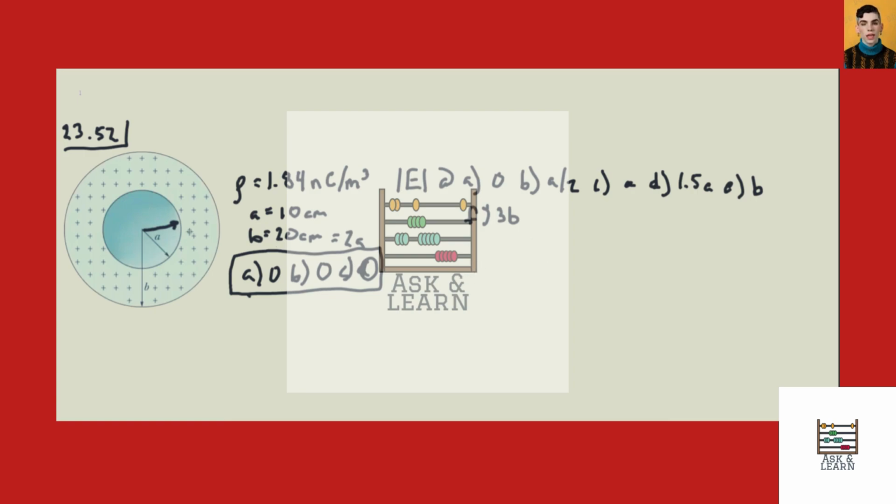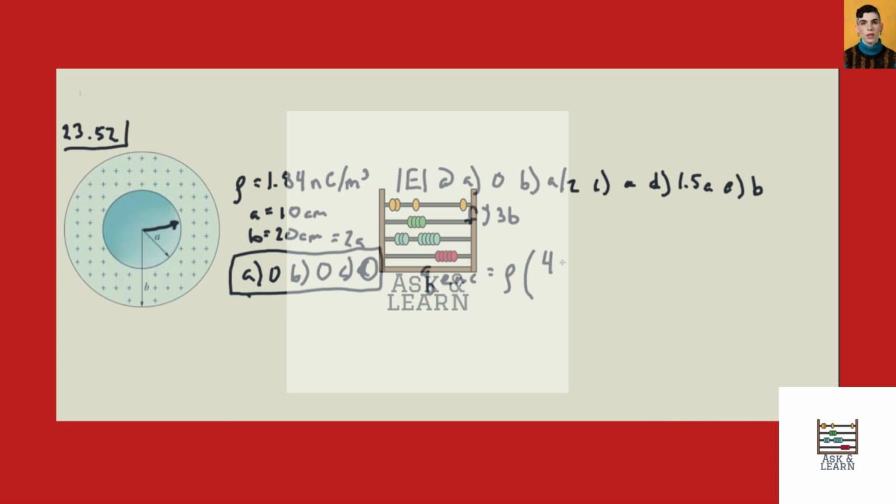Now, in between A and B, life gets a little more interesting. There, the enclosed charge is going to be equal to the charge density times the volume that's enclosed.